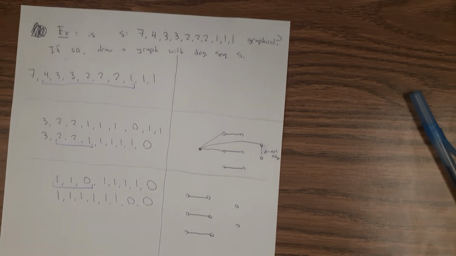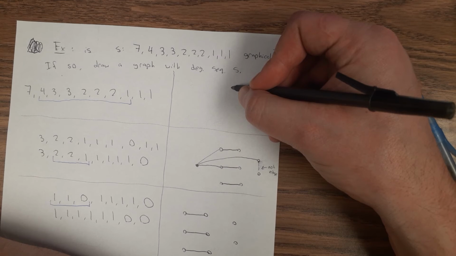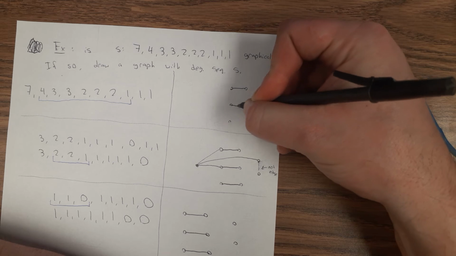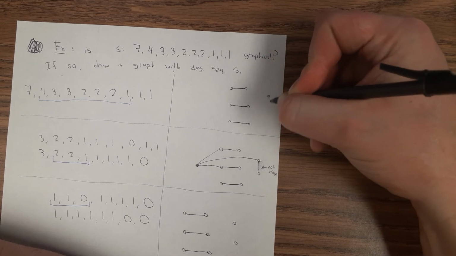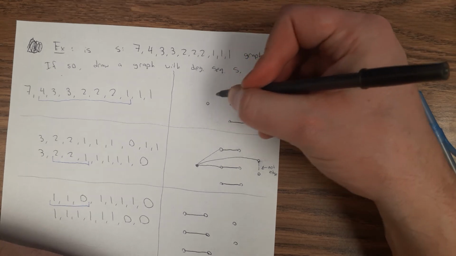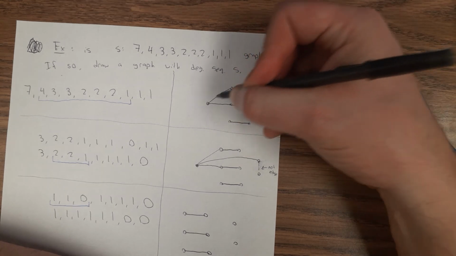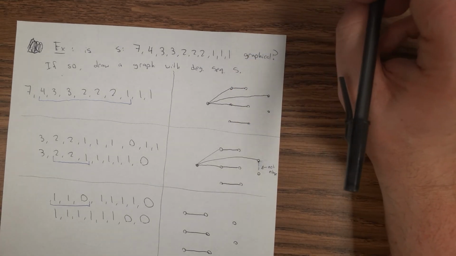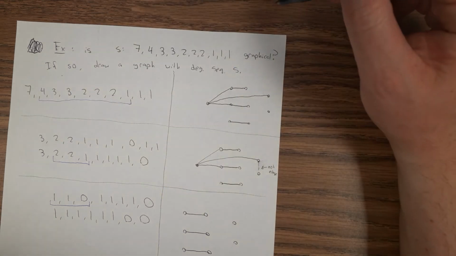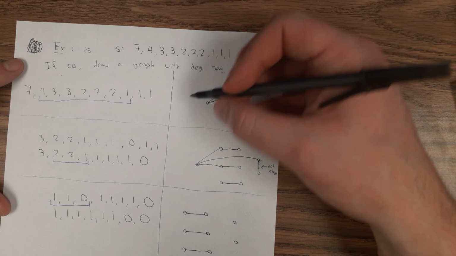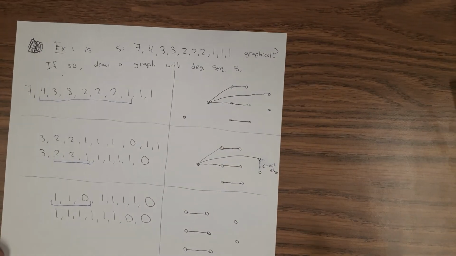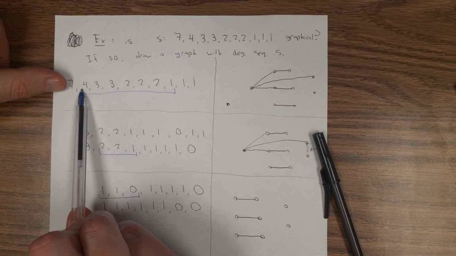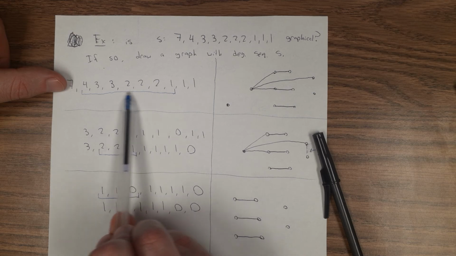Finally, let me first of all start by drawing the previous one. So I just drew what I had so far. And now I'm going to draw one new vertex with certain neighbors. This 7 is adjacent to these 7.